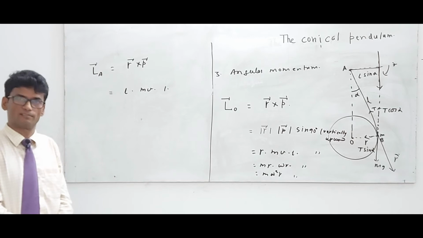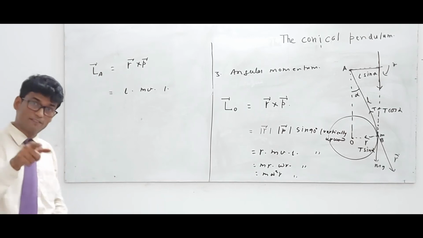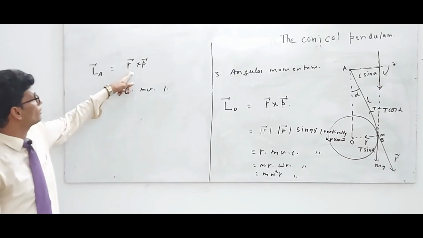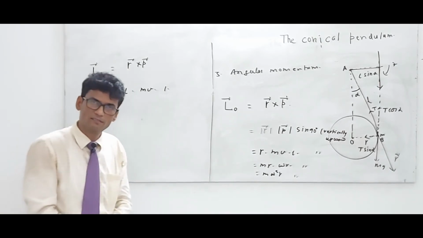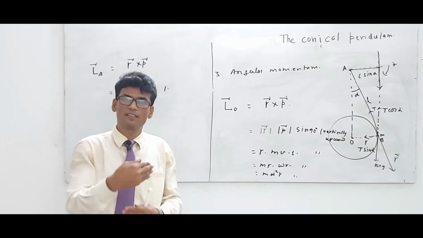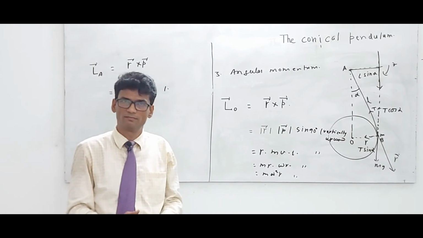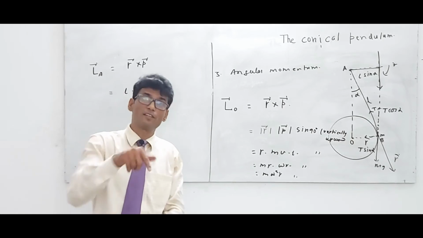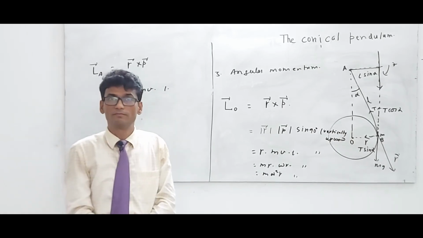What about the direction? As we know, say we take vector A cross vector B, how can one find the direction? What is the definition of vector A cross vector B?